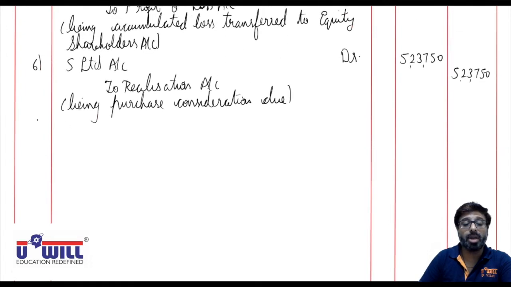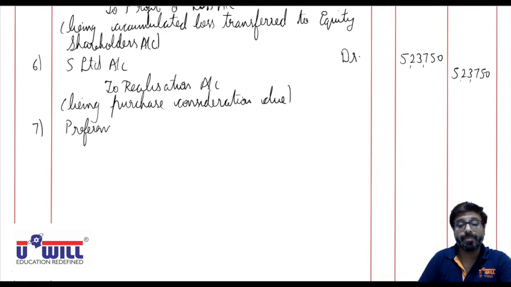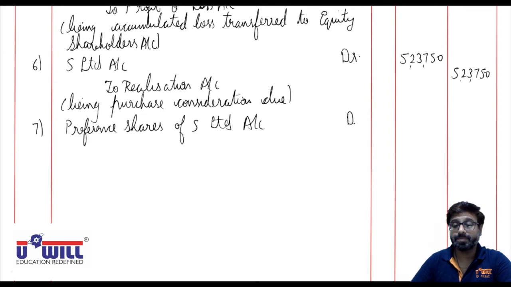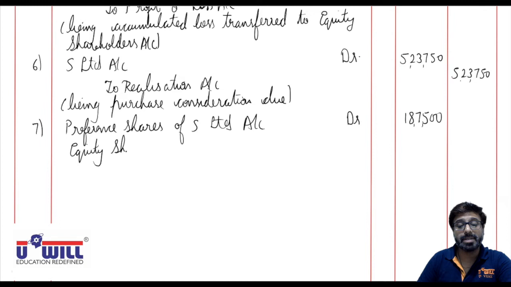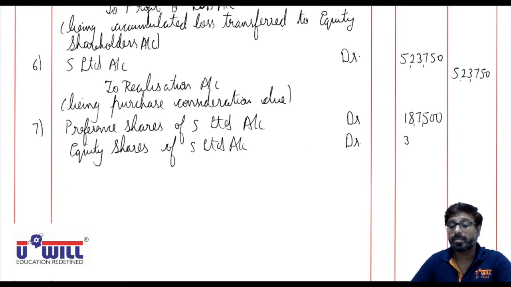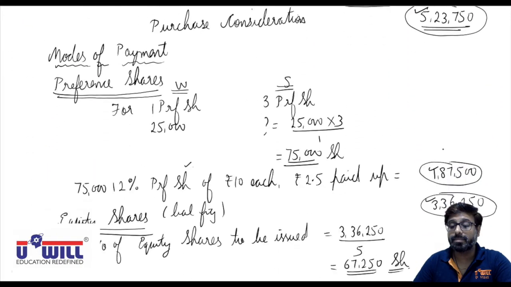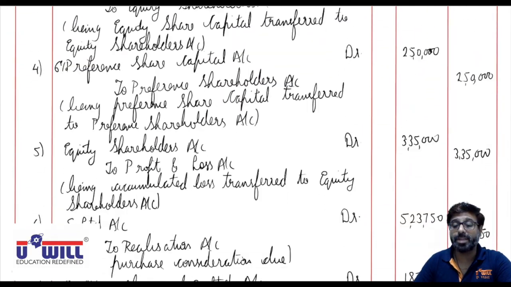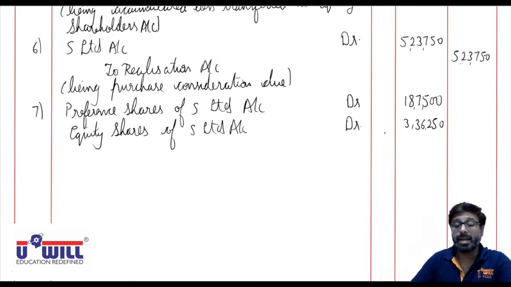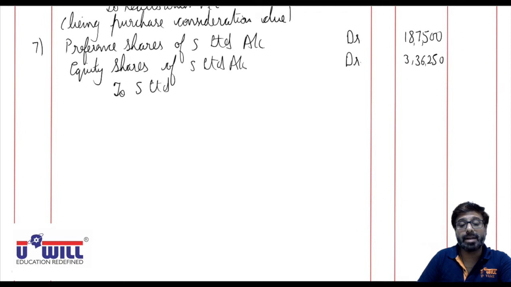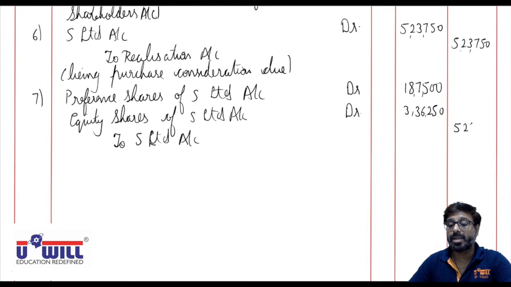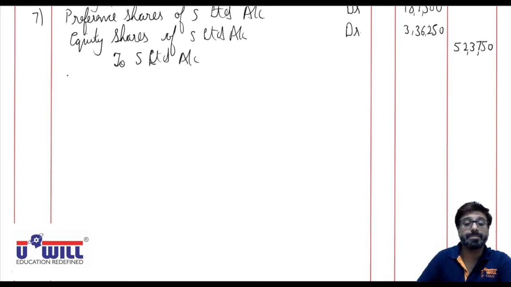Preference shares comes in, debit what comes in, preference shares of S Limited account debit 187,500, equity shares comes in, debit what comes in, equity shares of S Limited account debit 336,250, and S Limited is the giver, credit the giver, to S Limited account 5,23,750, being purchase consideration received.